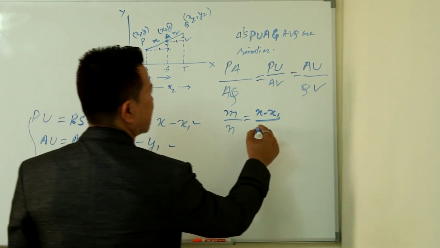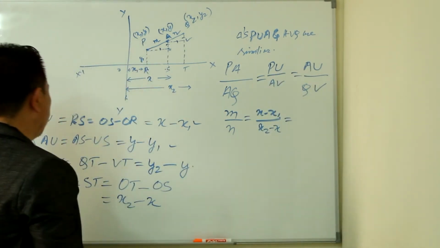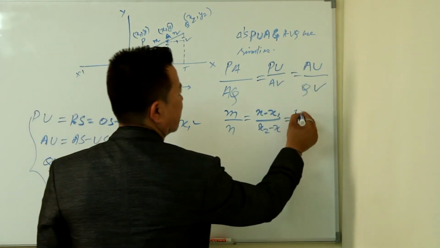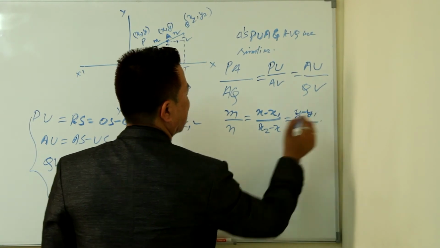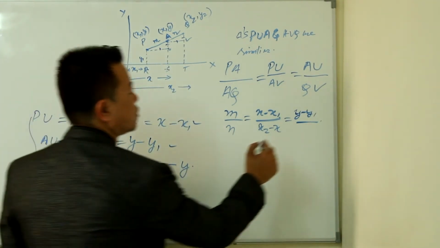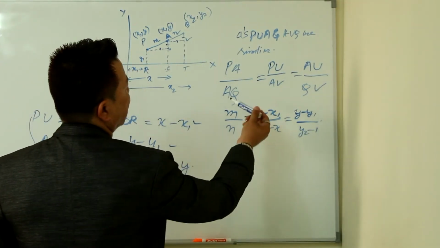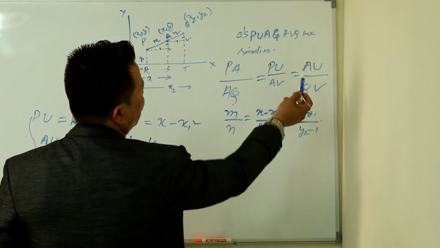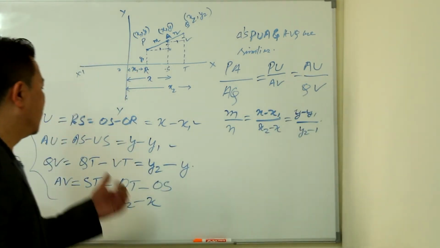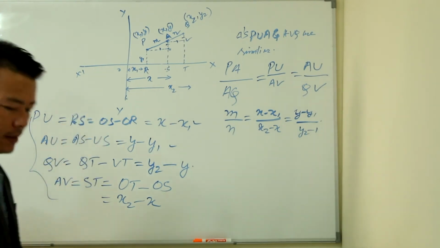X2 minus X. Similarly, what is the value of AU? Y minus Y1. And what is the value of QV? Y2 minus Y. Let's put the values of PA, AQ, PU, AV, AU, QV, which we already derived from this diagram.